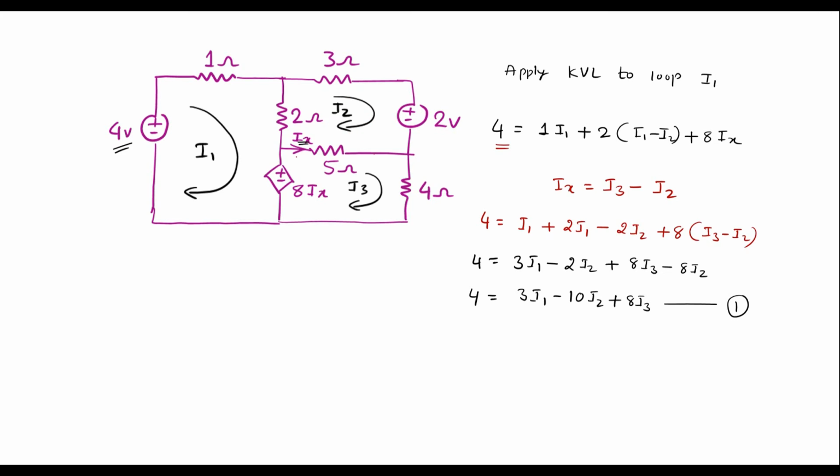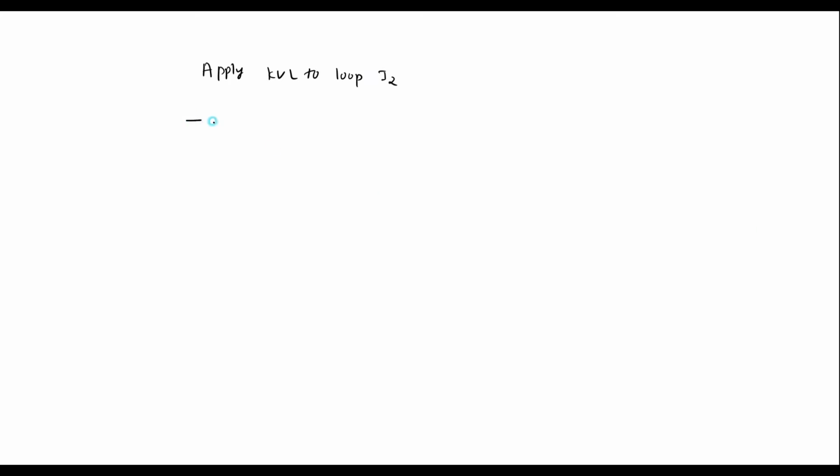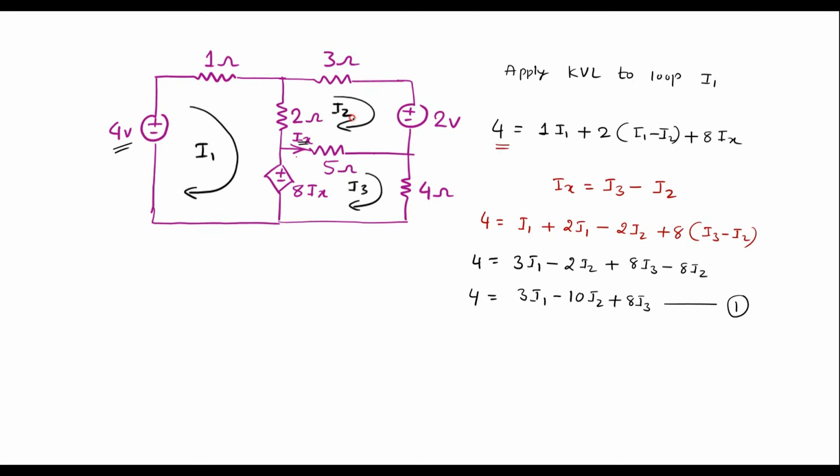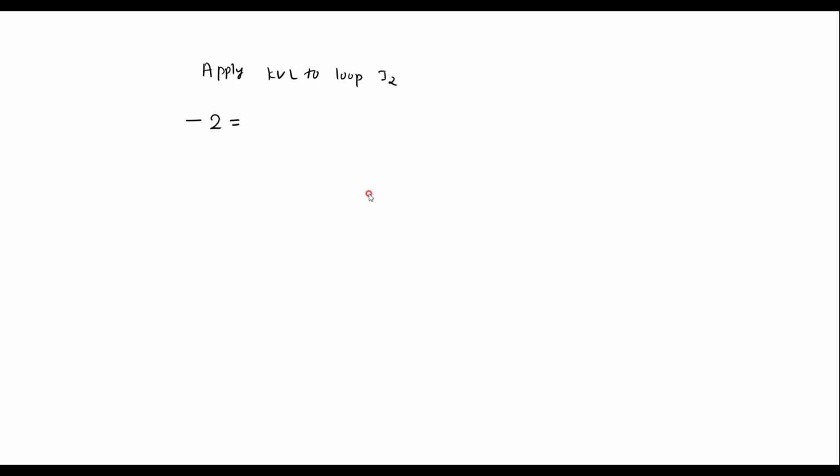So we should write minus 2 is equal to, now just move along with the direction of current. The voltage across the 5 ohm resistor is 5 into I2 minus I3, that is 5 in bracket I2 minus I3.